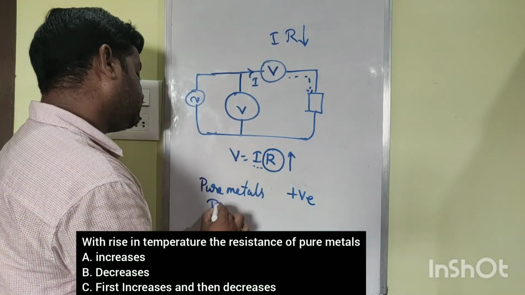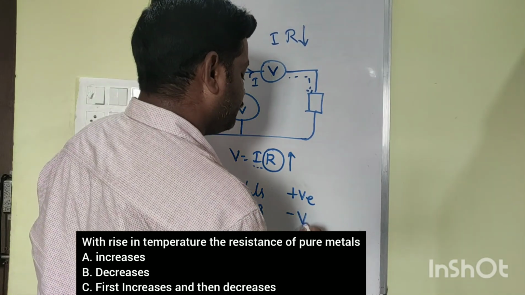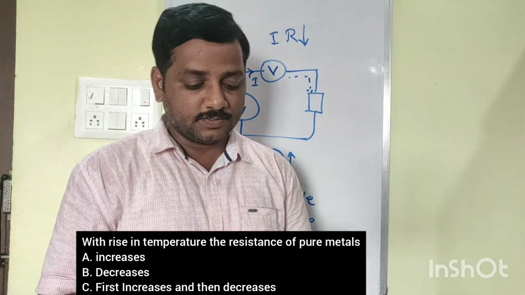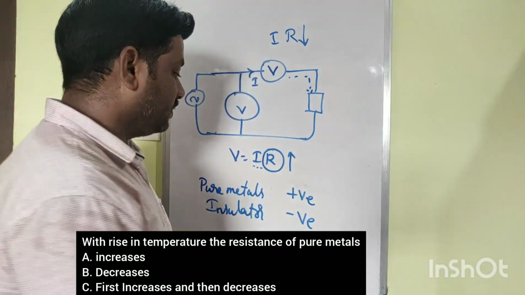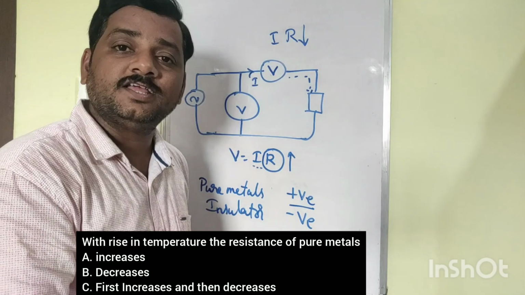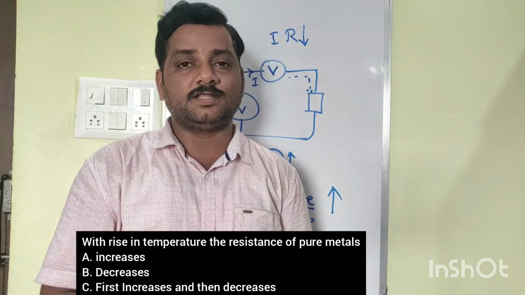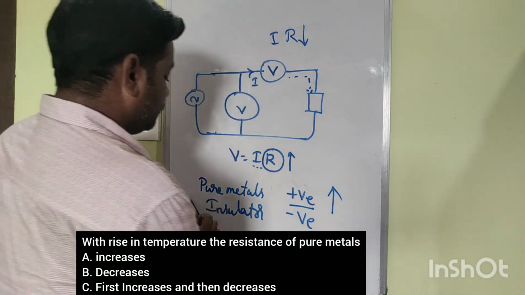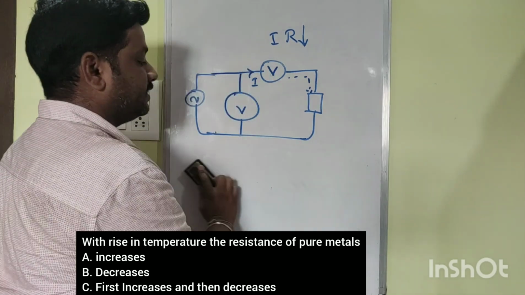And for insulators, the temperature coefficient will be negative. Here they are talking about pure metals, that is nothing but conductors. So in conductors, if there is a rising temperature, the resistance will respond positively, means the resistance will increase. So option A will be the answer. If it is a pure metal, then with the increase in temperature, the resistance will also increase.